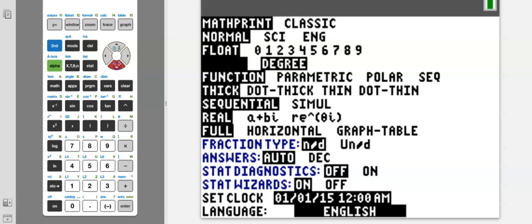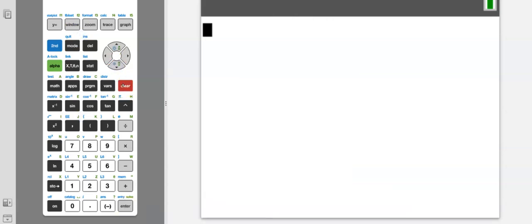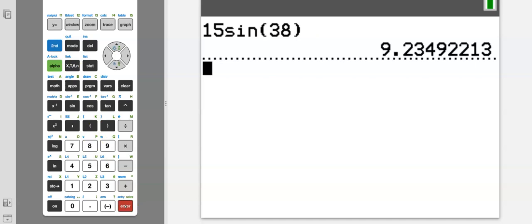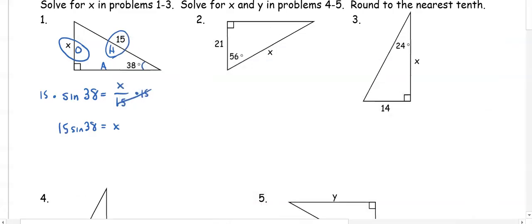If not, you can arrow down to the word degree and hit enter. So we have 15 times the sine of 38. Rounding to the nearest tenth, that's going to get us 9.2. So x equals 9.2.